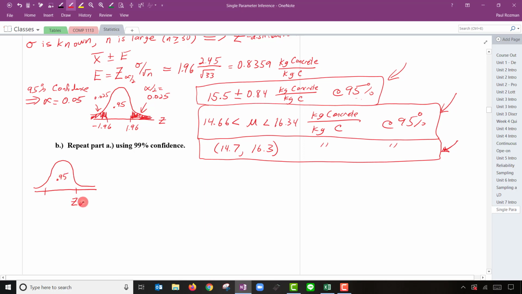So these z alpha over 2s will be different scores. And I wrote 95 here. This should be 99. So in my tails, there's 1% in the tails. So alpha over 2 is half of 1%, so 0.005, where alpha over 2 is the actual area.